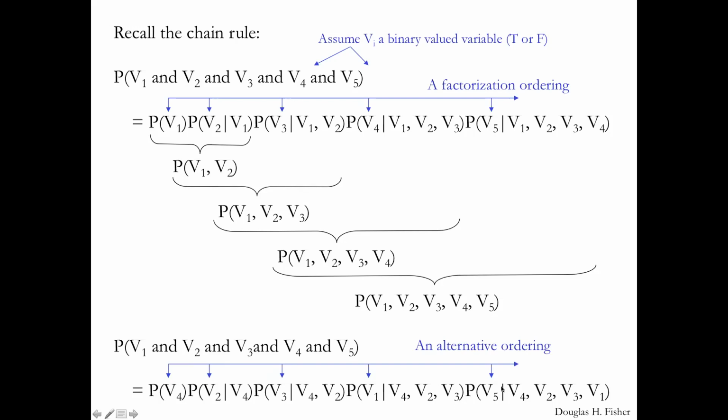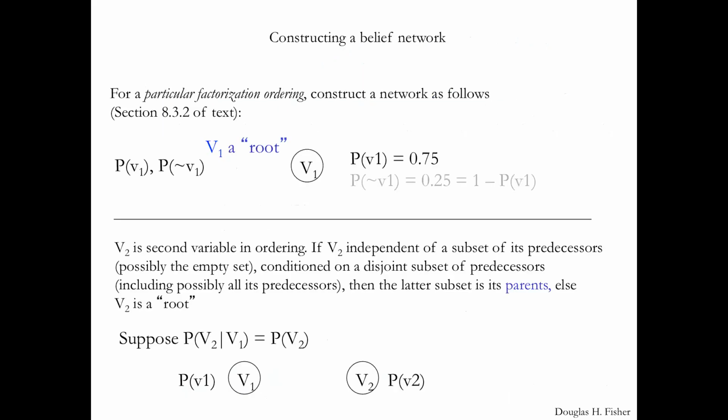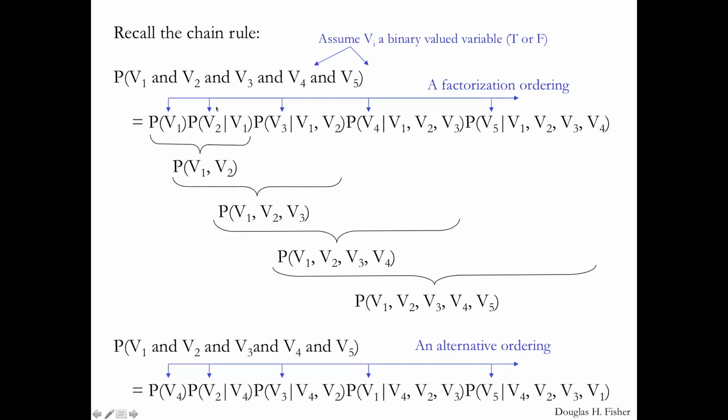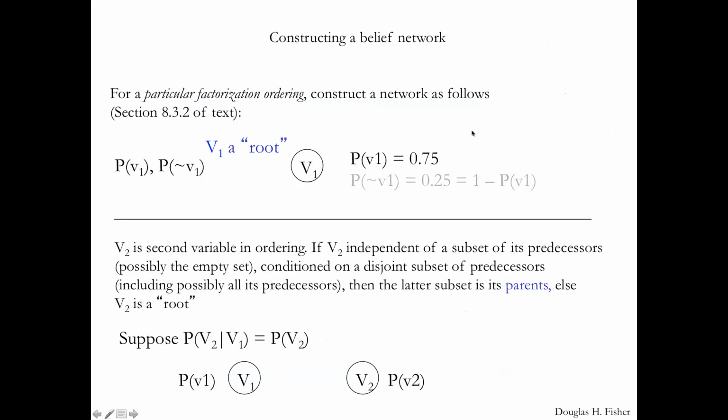So just remember there are many possible different orderings, and the importance of that is that the algorithm for constructing a Bayesian network depends on a precise ordering. We assume a particular ordering of the variables over which we want to construct the Bayesian network or belief network. And so I'm going to assume V1, V2, V3, V4, V5 in constructing this network.